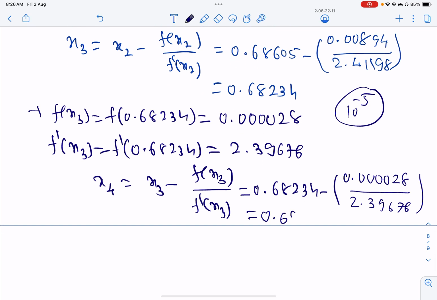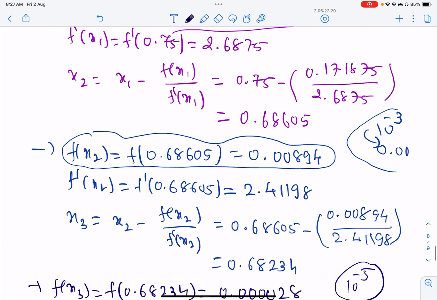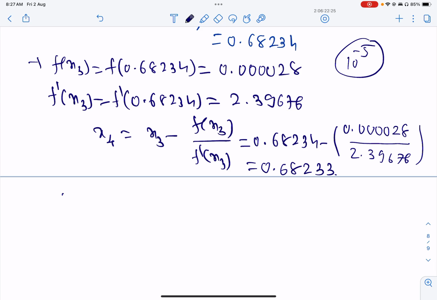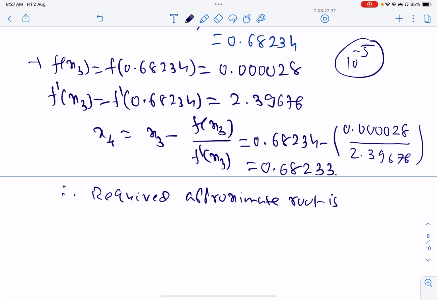You will get 0.68233. Okay, so we can consider that the root is, since you want 4 decimal places, therefore the required approximate root is 0.68223. Thank you.